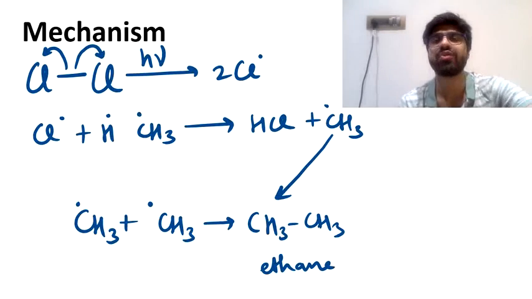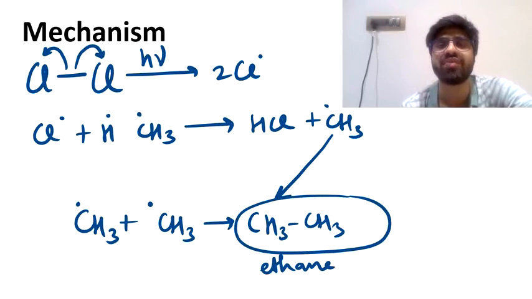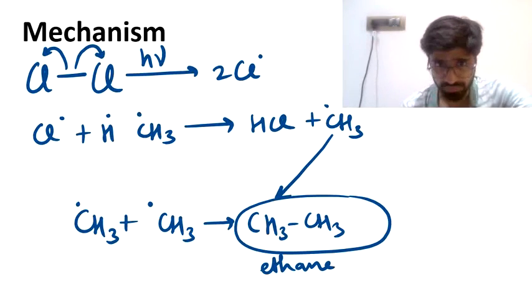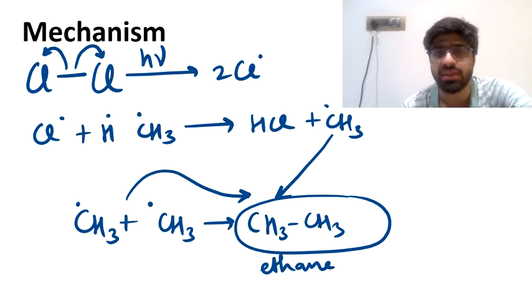So in the reaction of chlorination of methane, there is a little bit of formation of ethane also which occurs, and this has experimentally been observed. So this is one more feature of the halogenation reaction, that in the chlorination of methane, you do get to see the formation of ethane as well, and that is precisely because of the formation of methyl radicals. They have a possibility of combining amongst themselves, forming ethane.